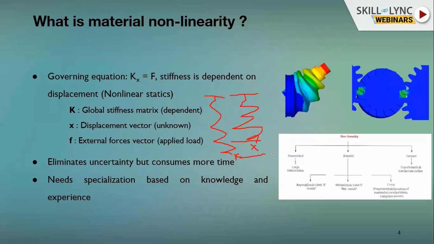So on the right-hand side, you see a rubber boot, which you must have seen in a car with a gear console where you shift your gears in a passenger car. This is a kind of hyperelastic material which has been used. Now, there are two things over here. One is that material nonlinearity has been included, and the other is contact nonlinearity. Why contact nonlinearity?